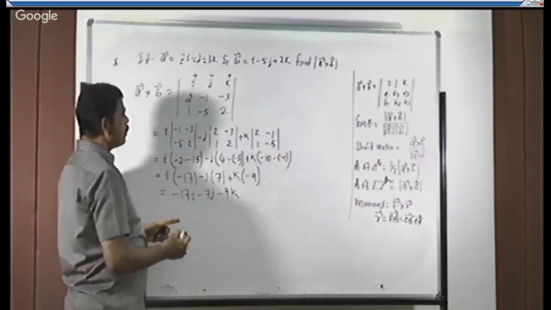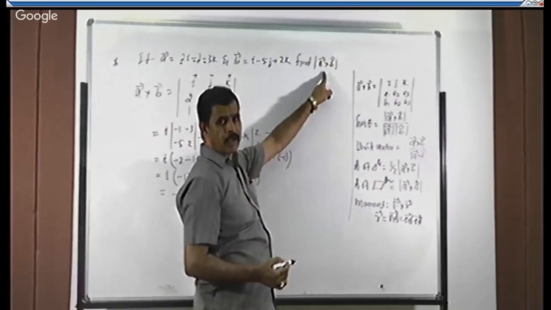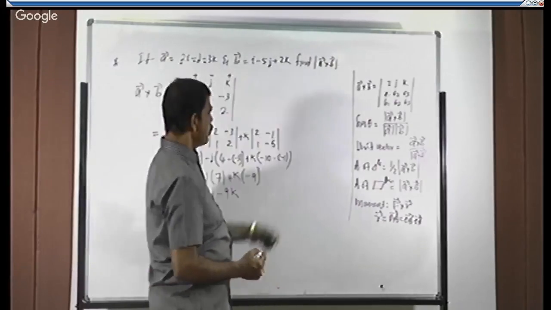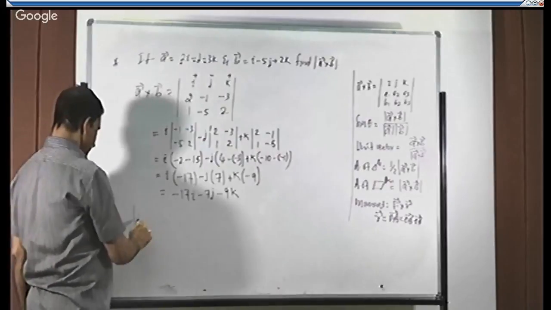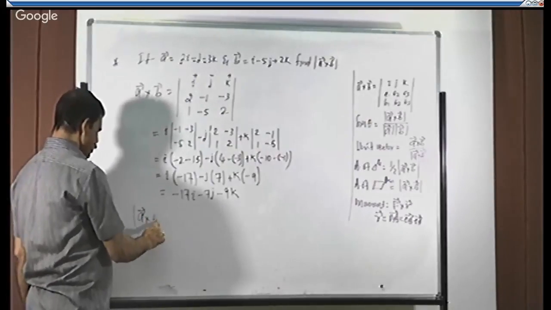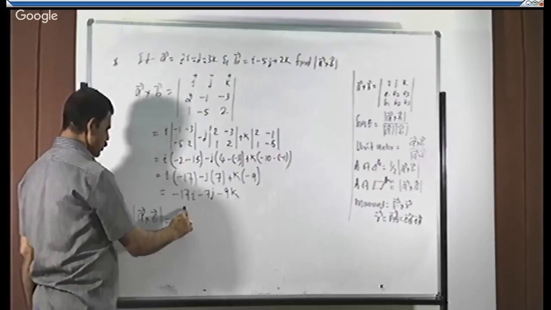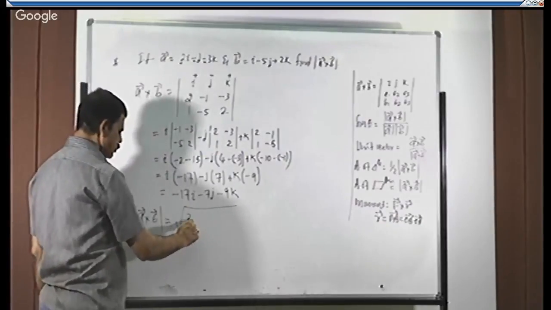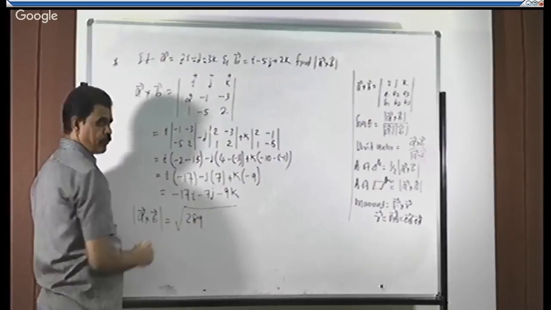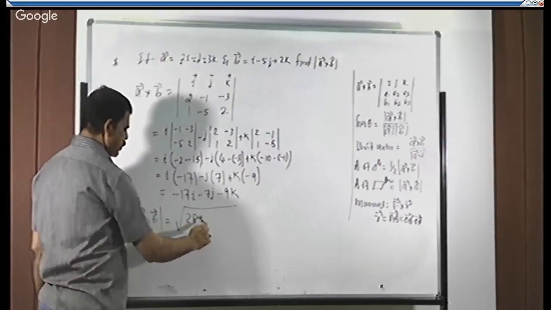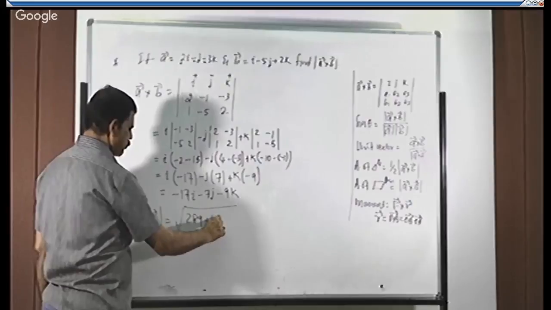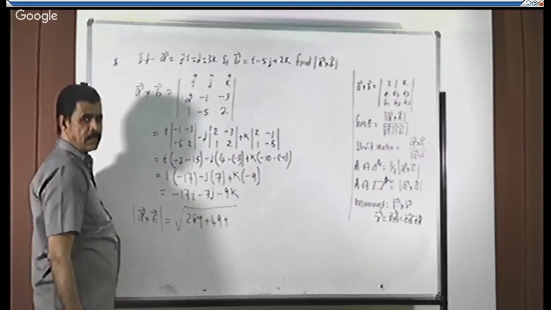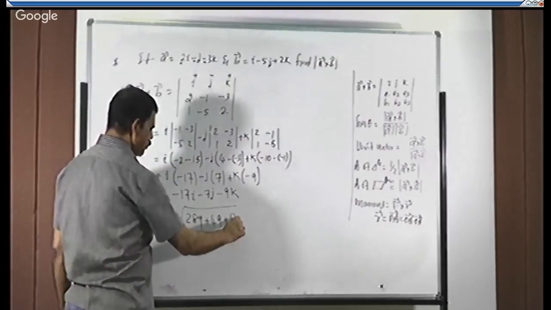We need to find out magnitude of A cross B. What is magnitude of A cross B? So it is a vector whose magnitude we need to find out. Minus 17 square, it is equal to 289. Correct? 7 square, it is 49. Plus 9 square, it is 81.